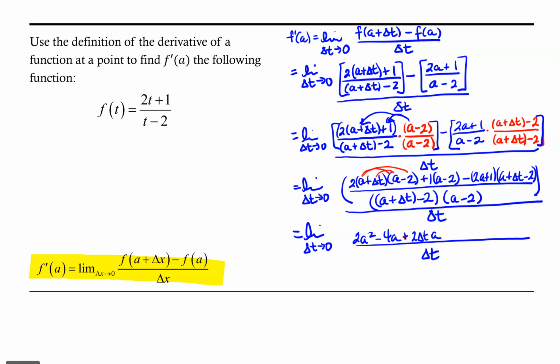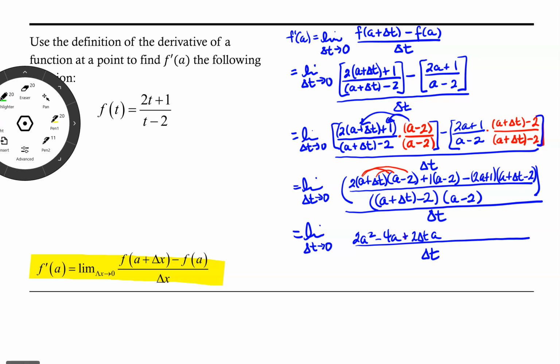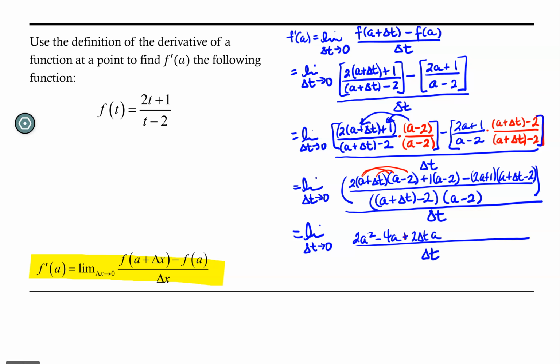And then we have delta t times negative 2, so negative 2 delta t, along with this initial 2 makes that a negative 4 delta t, so minus 4 delta t.